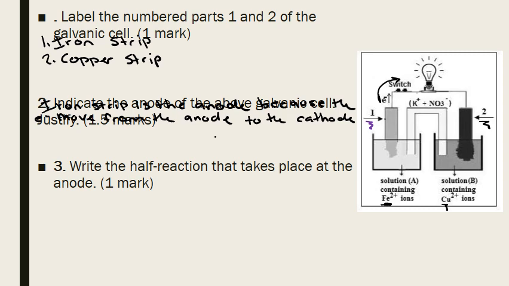Write the half reaction that takes place at the anode. We said that the anode is the Fe, so the half reaction is Fe goes to Fe2+ plus 2e minus.